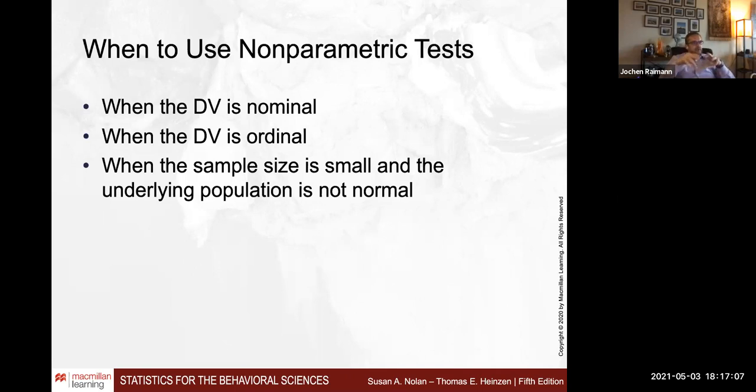And this is where this comes in. Sometimes in settings with small sample size, it's not enough to just have a scale dependent variable. You also need to pay attention to the distribution. Once the sample size increases, you basically get away with assuming it's normally distributed, at least to some extent.